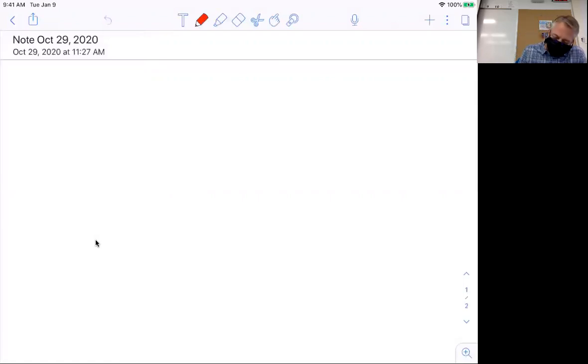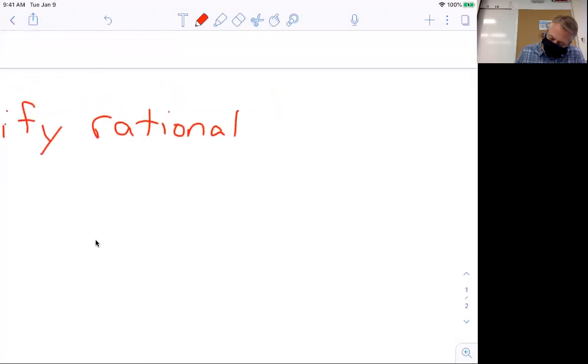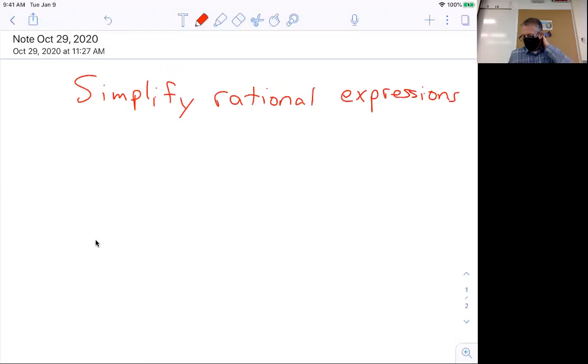And what we're going to do in the first part is simplify rational expressions. So a rational expression, rational comes from ratio, which means fraction.